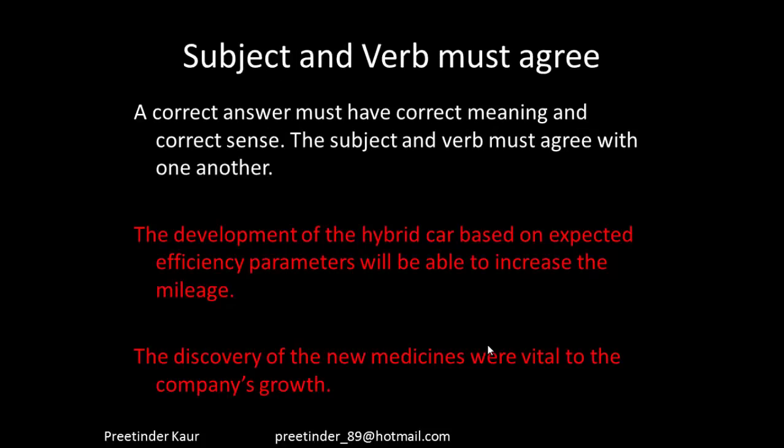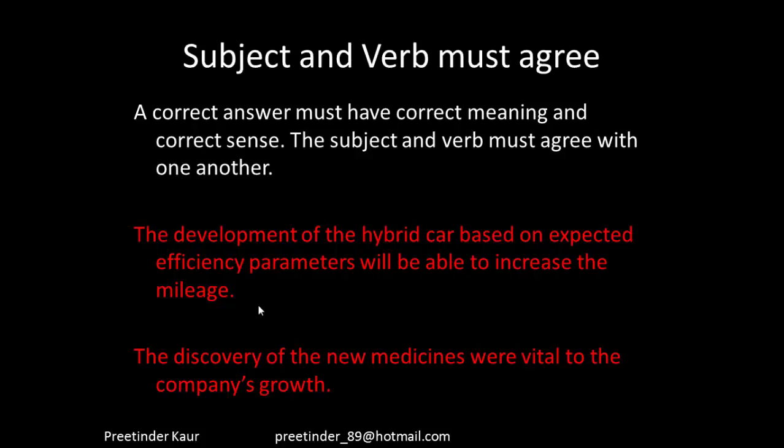This is about subject and verb agreement, basically that the subject and verb must make sense and have correct meaning, as well as agree with one another in number. Have a look at this example. The development of the hybrid car based on expected efficiency parameters will be able to increase the mileage. Now if you read it carefully, it does not have a major grammatical error. However, the meaning is not correct. So you have to use a bit of common sense as well.